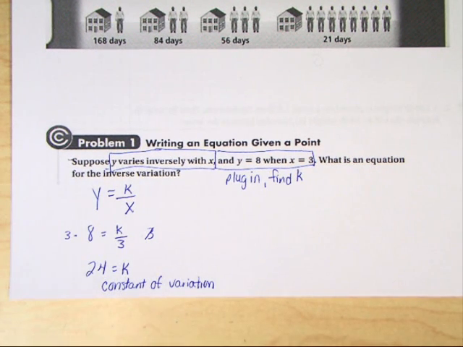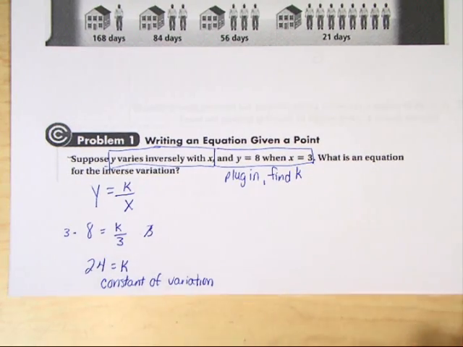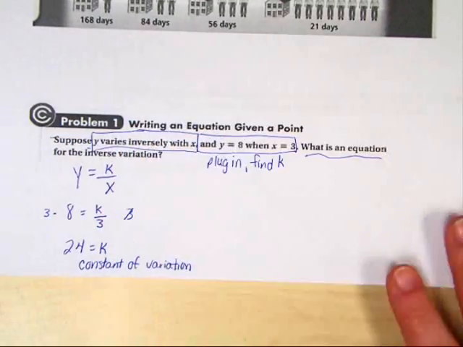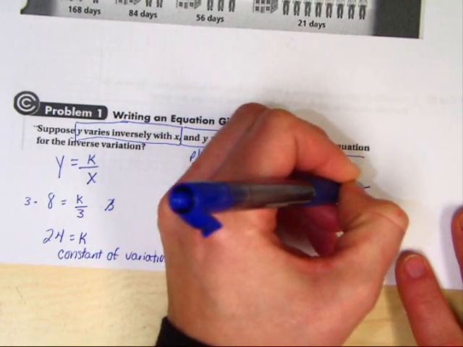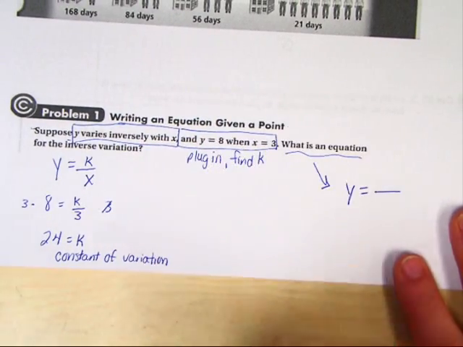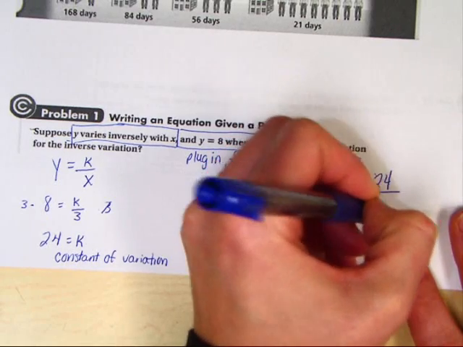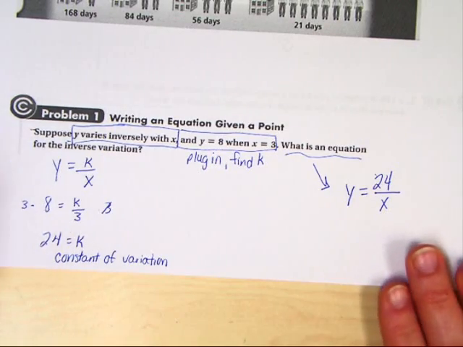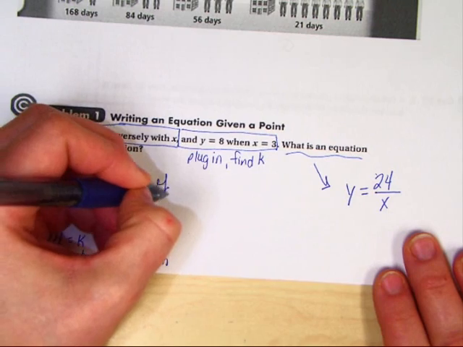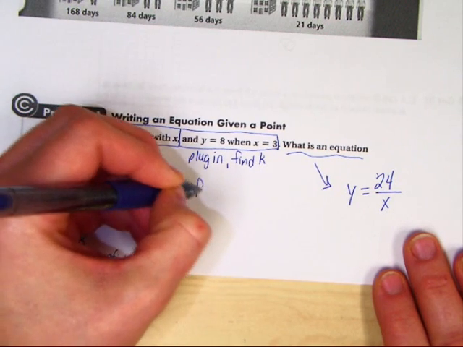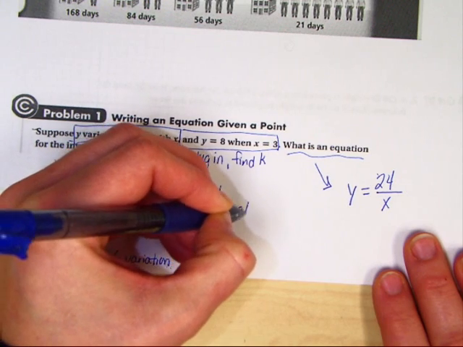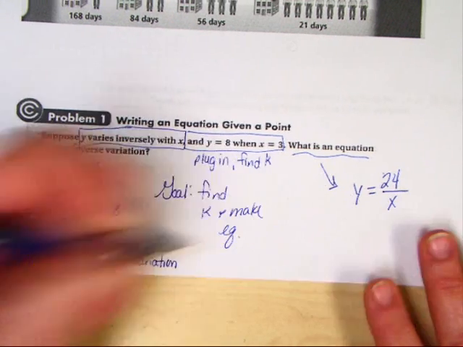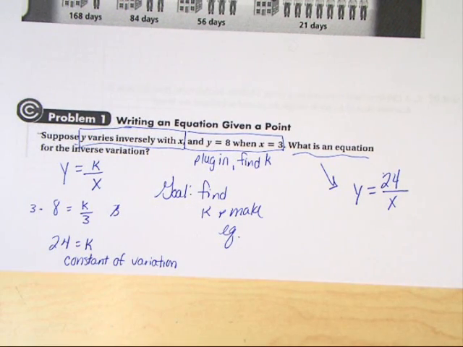Now we're going to figure out the last part, and it says what is an equation for the inverse variation? It's y equals the constant of variation we got, 24, over x. So you should notice our goal in this problem was pretty much just to find k, our constant of variation, and make our equation.